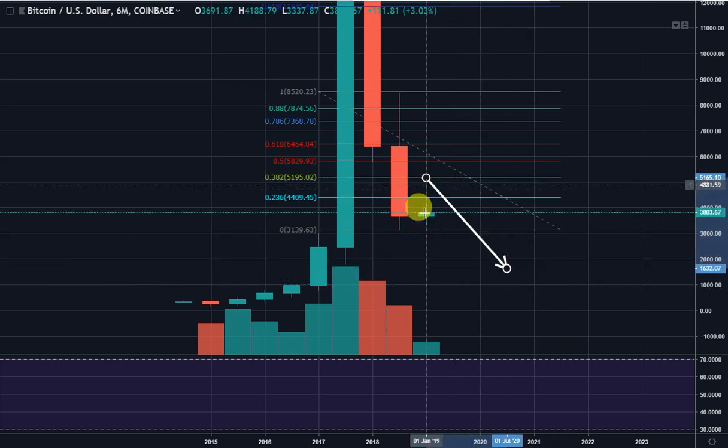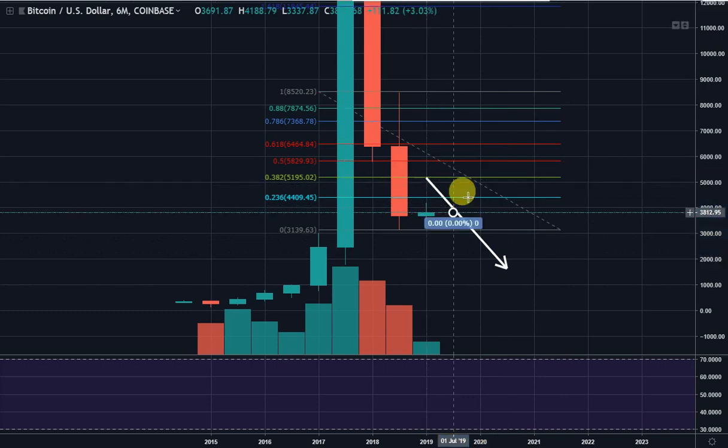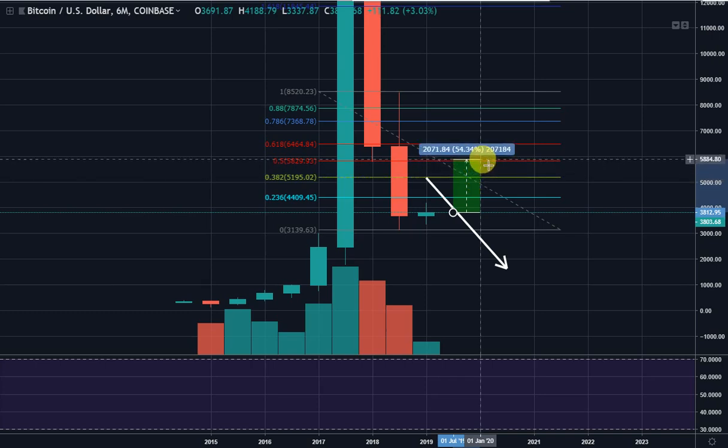So we can have upside here. I don't know what that upside is. Even if we got to the 50%, which is 5,800, that's a 50% move higher. Even that is still considered a bearish move in a bear market.